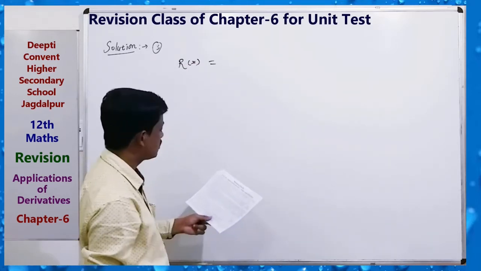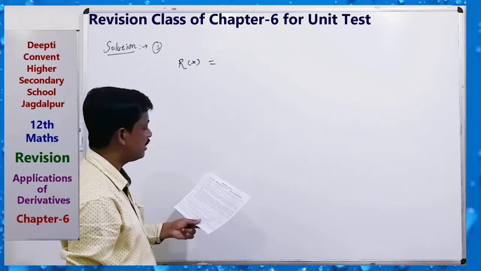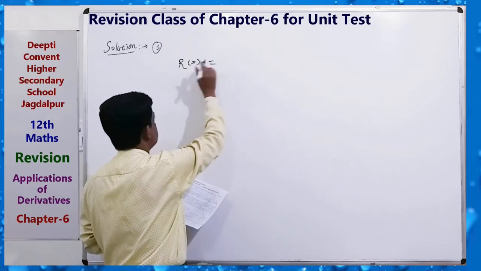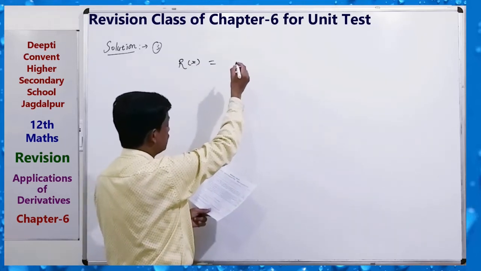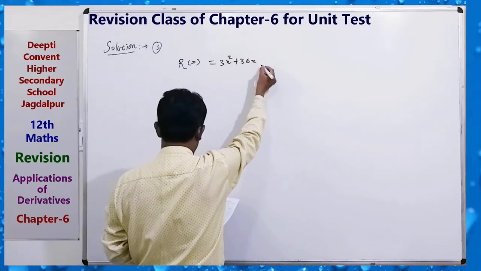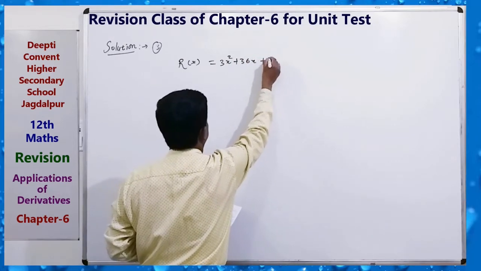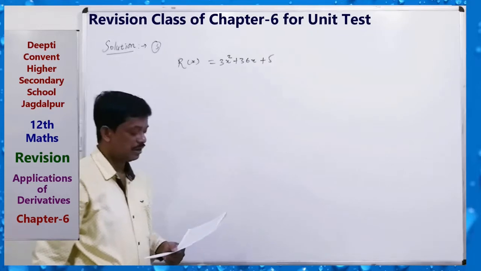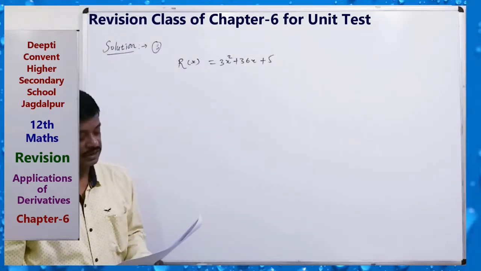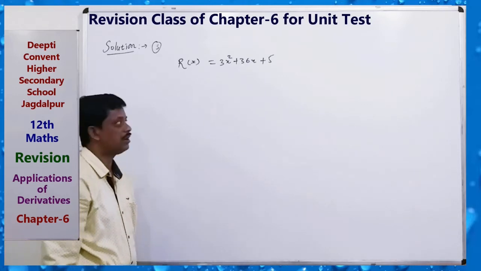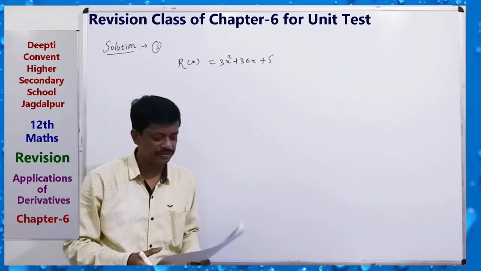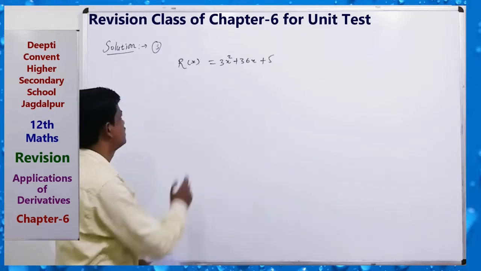So R(x) for selling x units. Here given 3x² plus 36x plus 5. This is our given revenue function. We have to find the marginal revenue. We know that we only differentiate it and put the value of x here.